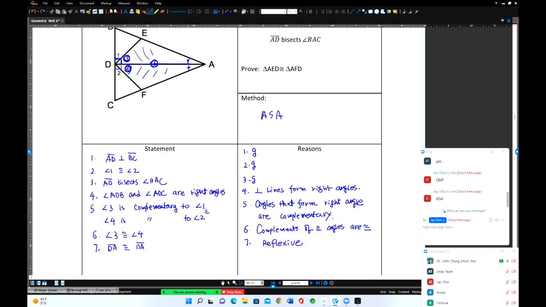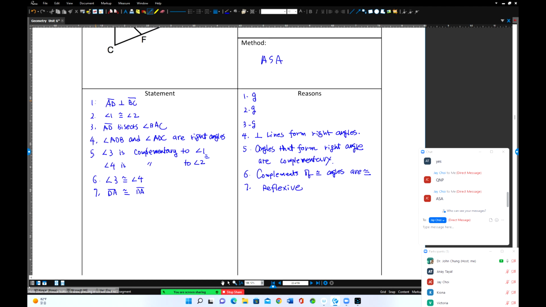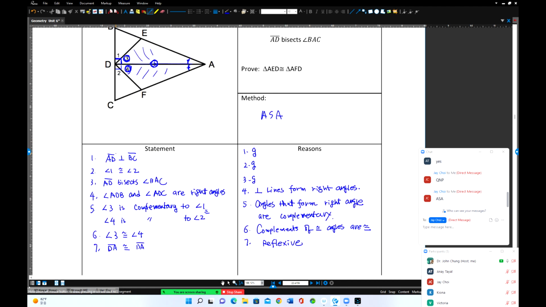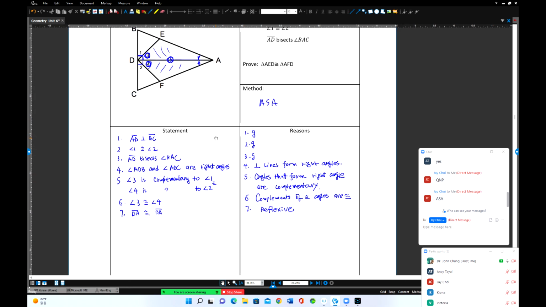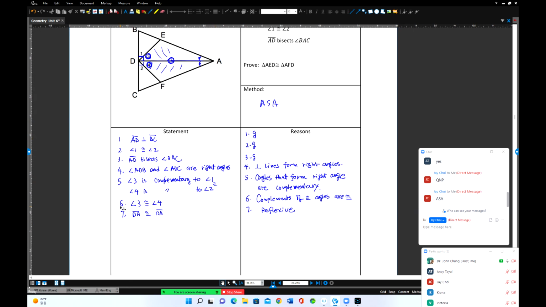Now finally I'm going to prove these two triangles are congruent. Angle EAD is congruent to angle FAD.